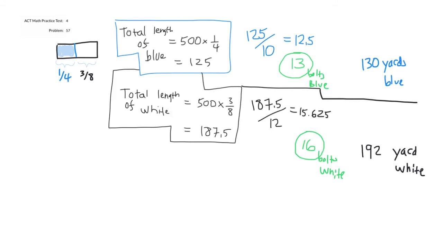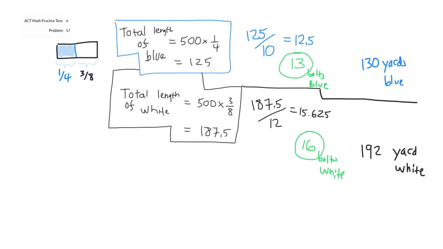So then the question is, that is more than we need, and you can really see that. I mean, we now have 130 yards of blue, when the truth is, for 500 banners, all we needed was 125 yards. We now have 192 yards of white, when the truth is, all we needed was 187.5 yards of white material.